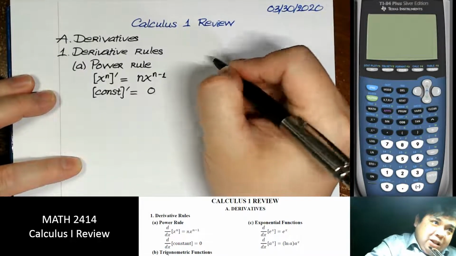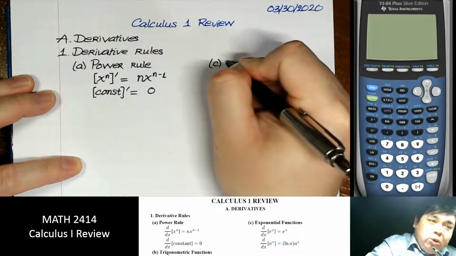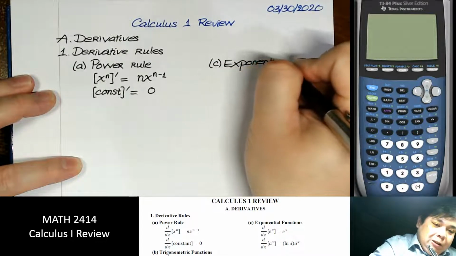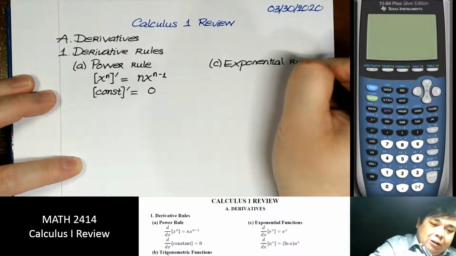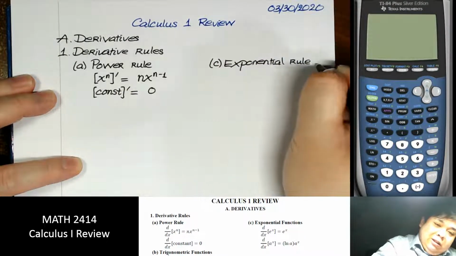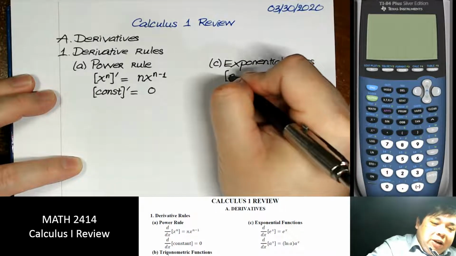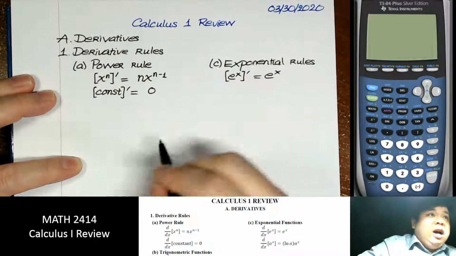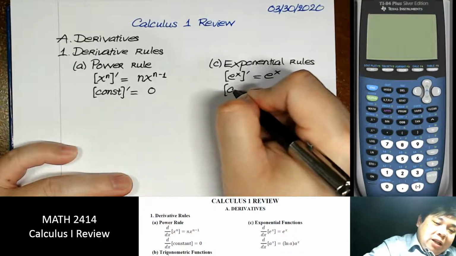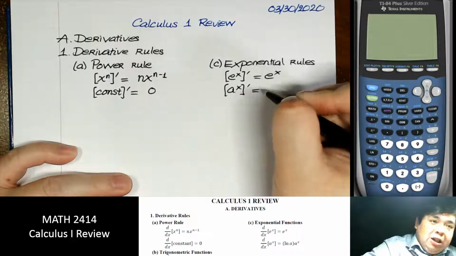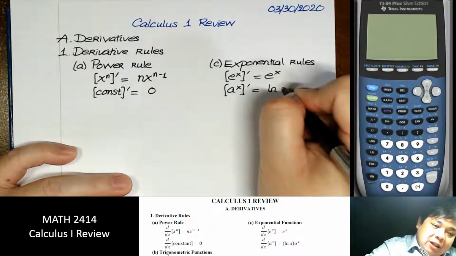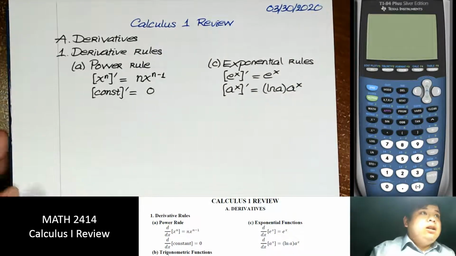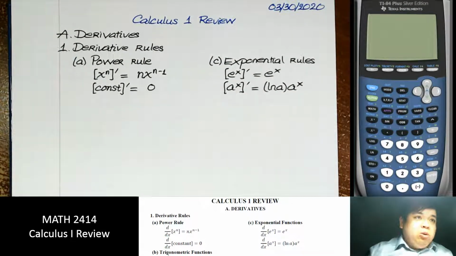And then the exponential rule: the derivative of e to the x is the same thing, e to the x. And if we have another base, it will be ln of the base times the same thing. Now let's go to the trigonometric rules.